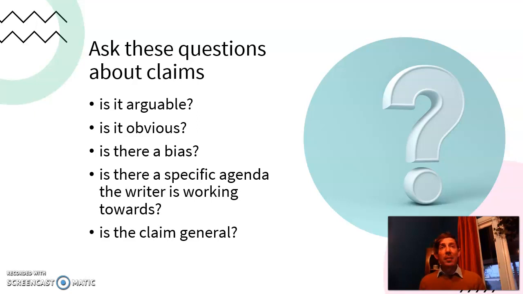That makes it a little sketchy too. If someone claims that the Ford Focus is the best car ever made, and you realize that they work for Ford, well, that's a little iffy. Is the claim general? Because remember, we want it to be specific. So ask these questions when you're looking at claims.